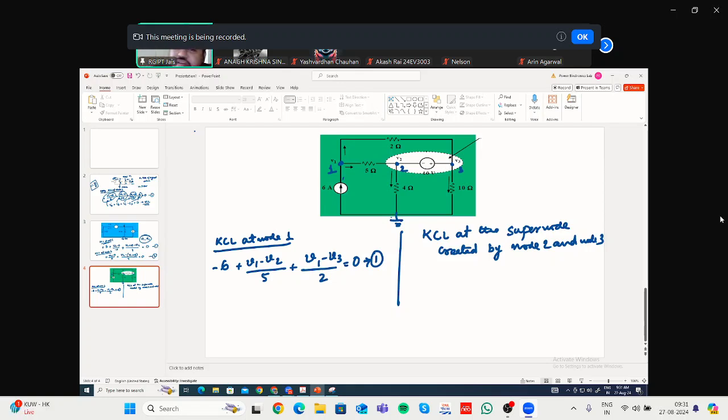How to create it? Temporarily, you do not consider the voltage source. Just remove the voltage source and write the KCL equation in a combined manner.